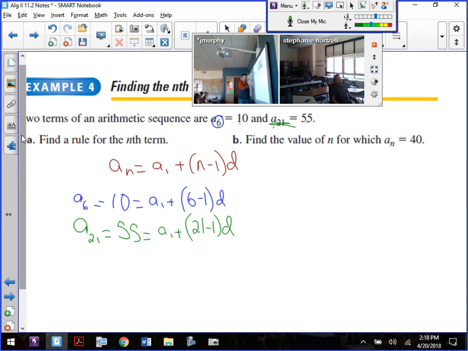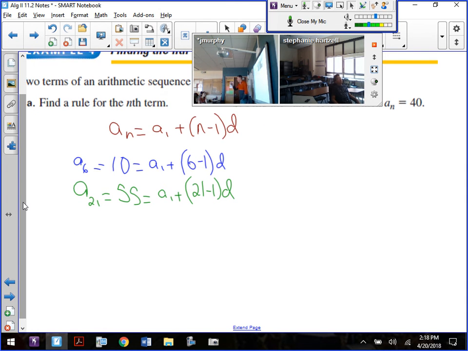Now, if you didn't catch on to that shortcut, I'll show you both ways. What I'm doing here is creating a system of equations. This becomes 10 equals a sub 1 plus 5d. The other one becomes 55 equals a sub 1 plus 20d.